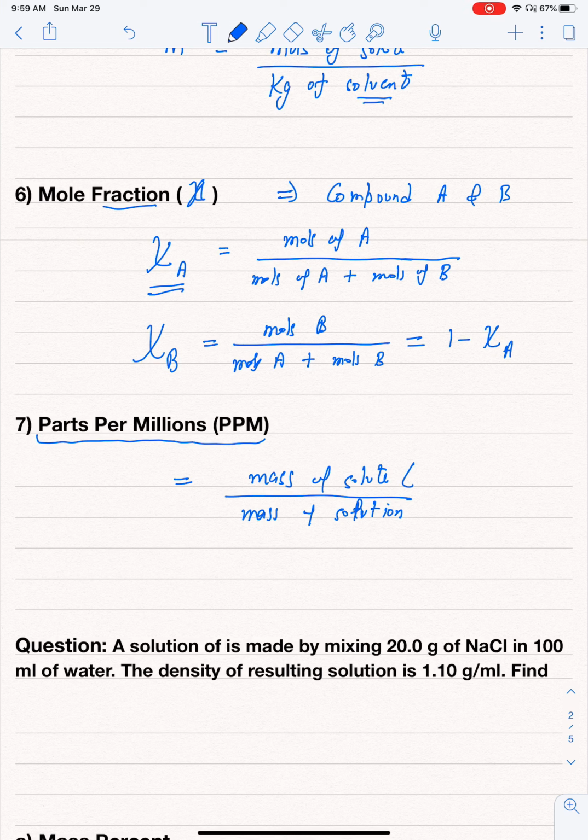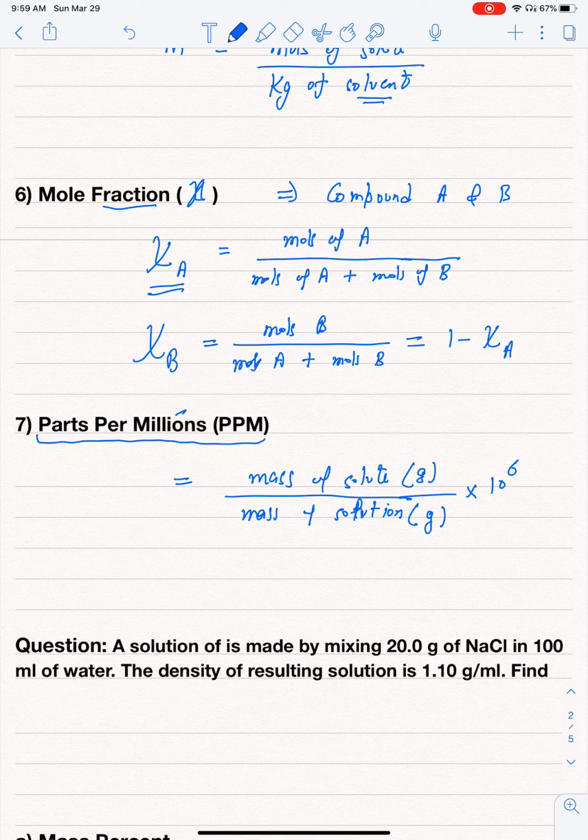I can say the solute is measured in grams, so your solution is also going to be measured in grams, times 10 to the 6. Remember, the percentages were times 100 because it's a percent. Now we're talking about million, so you multiply that by 10 to the 6.